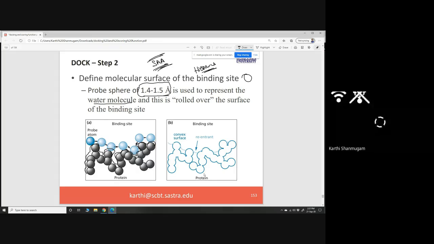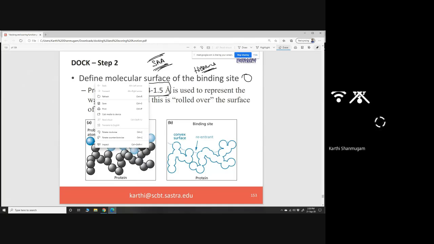That's why we call this running the water molecule, or some probe molecule having a probe atom of 1.4 to 1.5 angstrom. It should be rolled over the surface that we identified in the previous step. I just wanted to remove the annotation I have made here.